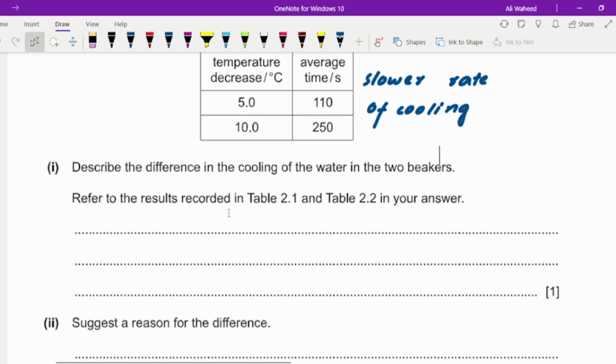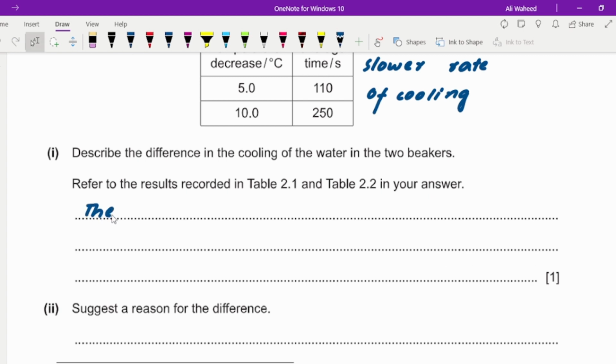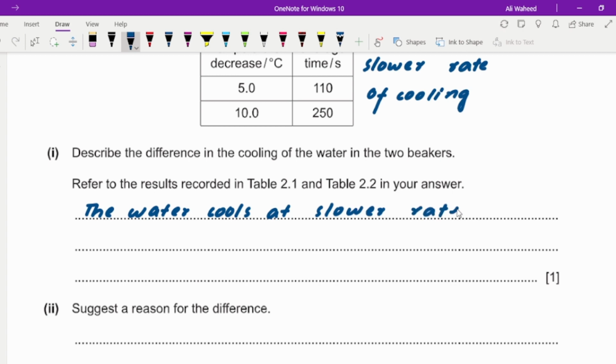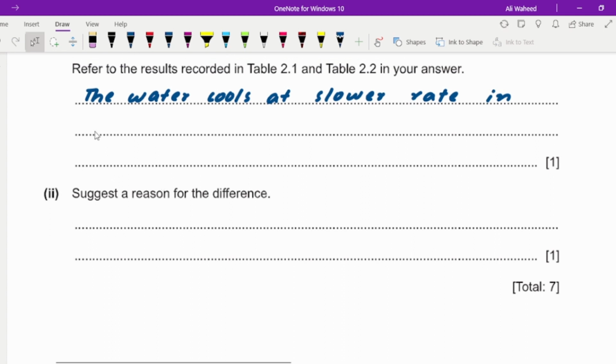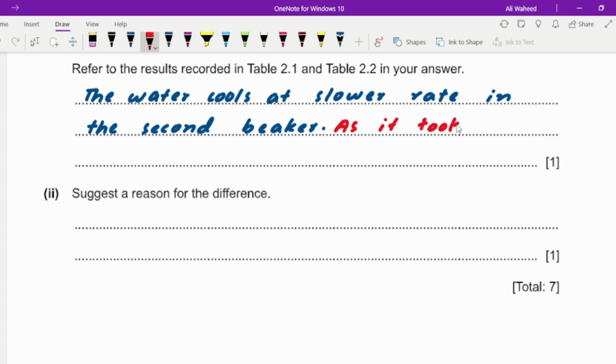So the water cools at a slower rate in the second beaker, as it took more time for the same temperature drop.